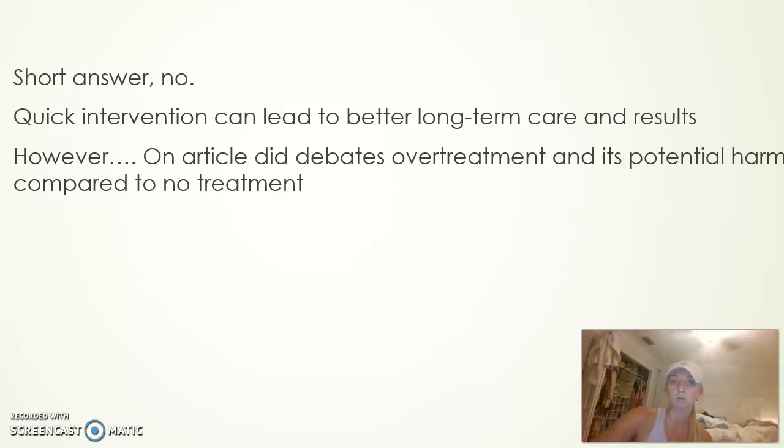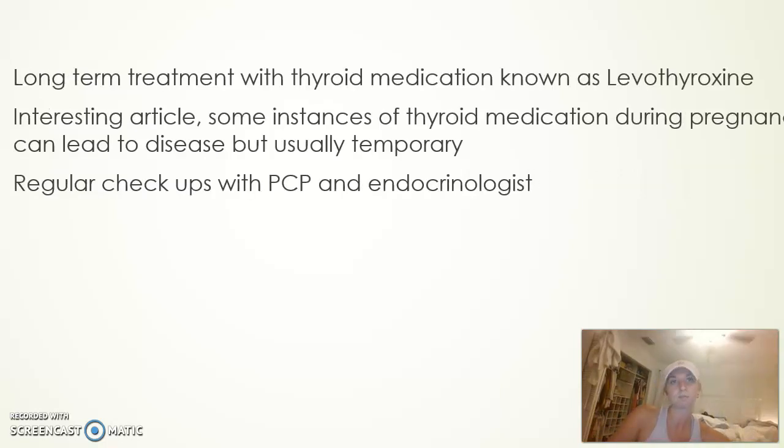The only thing I did find was one article, which I put in my references page, that did state that within the first couple years, if you were over-treating this disorder, it could potentially cause more harm than if it wasn't treated at all. However, if it's being treated appropriately and followed by your doctor, then this shouldn't apply. And again, that was just one article. I just thought it was interesting and should mention it.